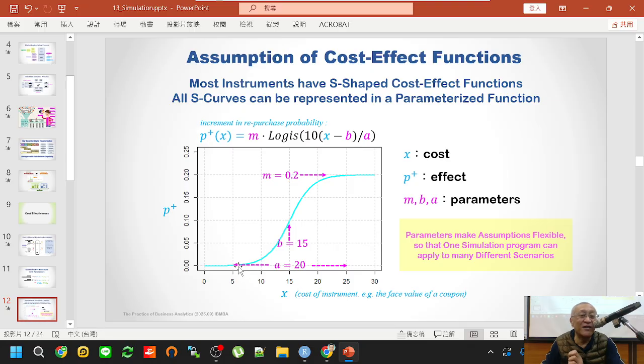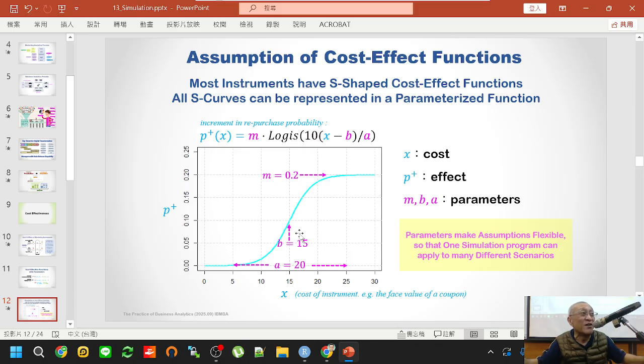And the third characteristic is less important. It's A, which is just the width of the rising slope. Sometimes the S curve is very wide, sometimes it is very narrow.